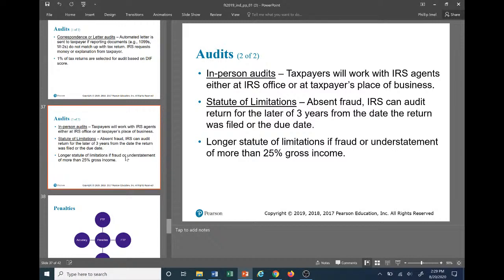And if a return contains a frequently disputed item, for example, a home office deduction, the likelihood of audit is also increased. A lot of times CPAs will stray away from that because it throws a flag and gives the IRS a reason to audit more. So just a good little thing to know there.